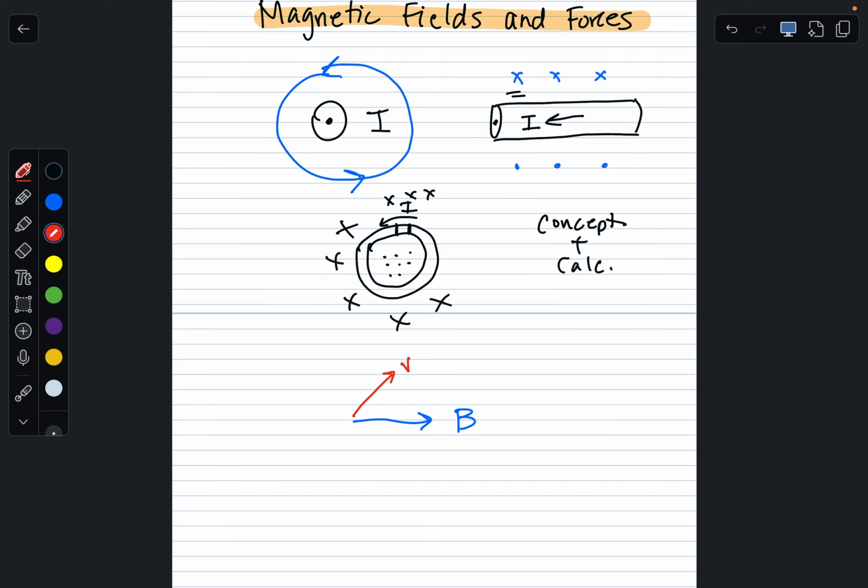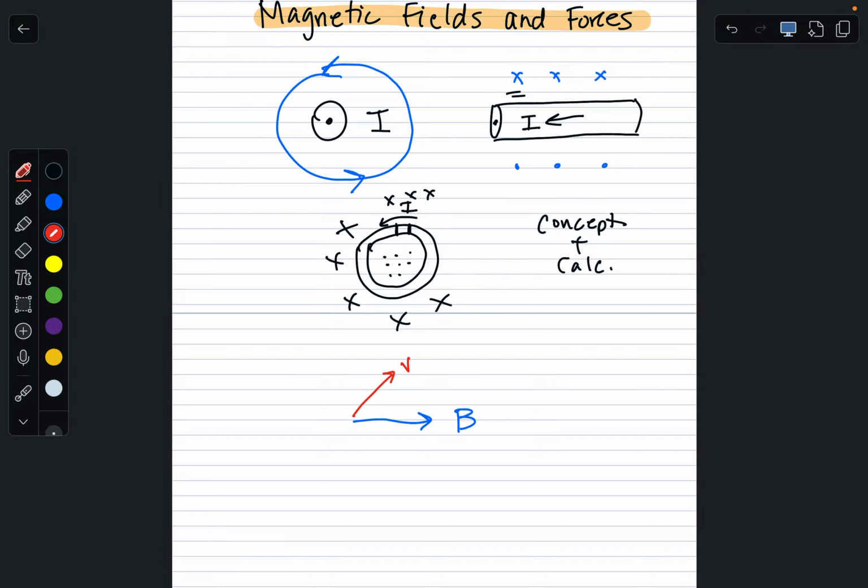I stick my thumb in the direction of current, and then I flip over to this side of the current, and you'll see my fingers are pointing into the page for the B field created by that current. Then I want to see what force is exerted on that charge due to that B field into the page. V is up, B is in the page, and my middle finger is pointing towards the current. So the force will be to the left.